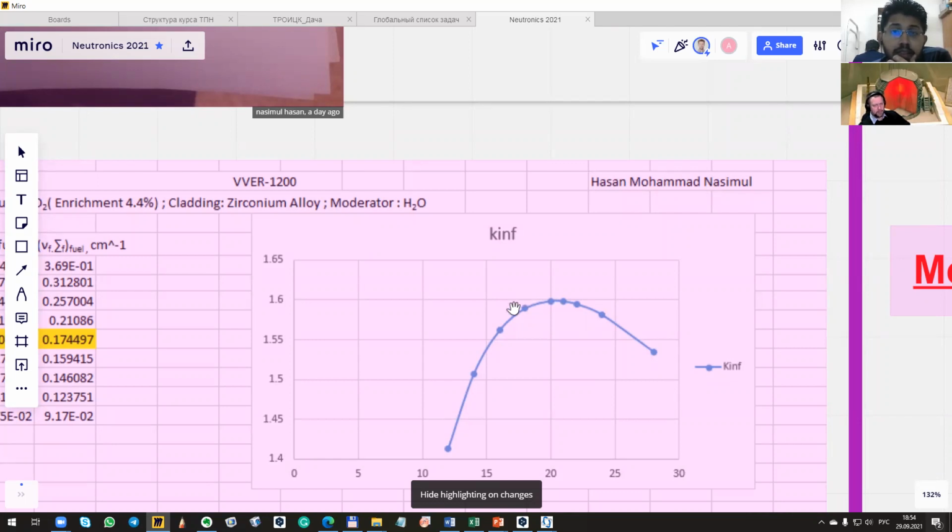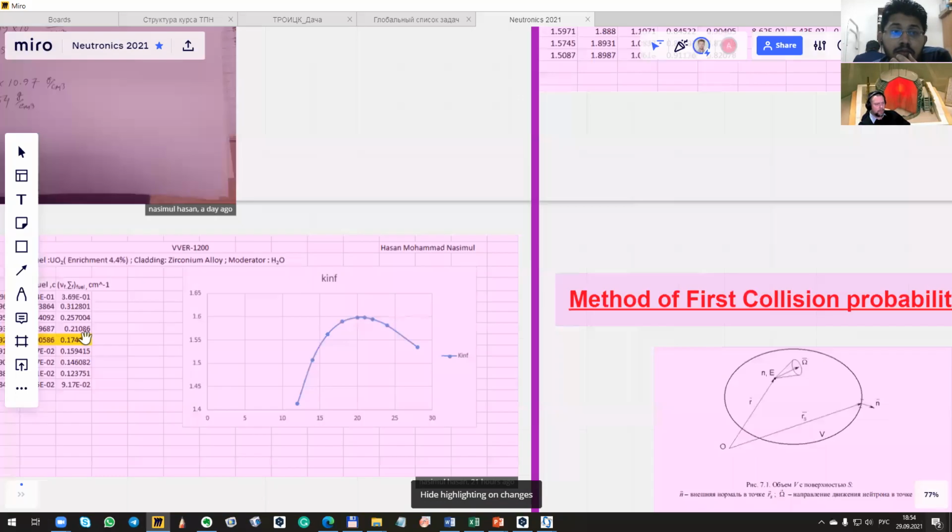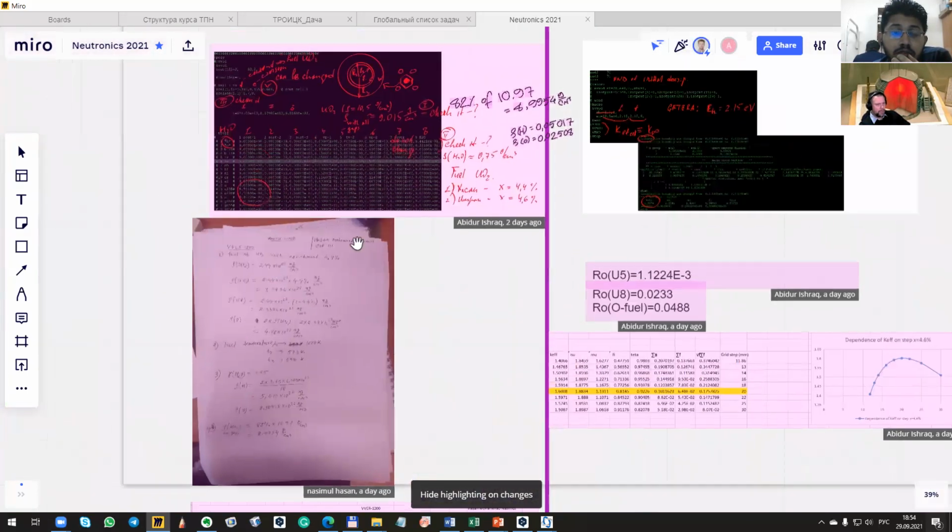It's needed for a good reactivity coefficient.